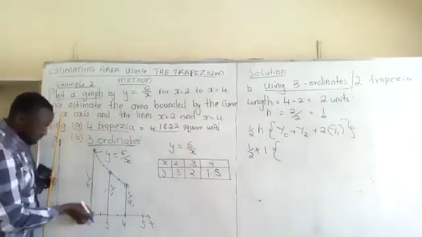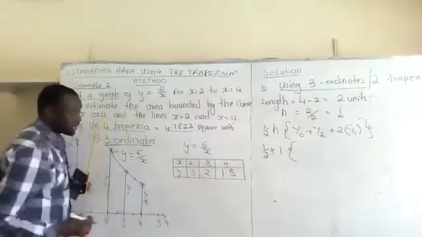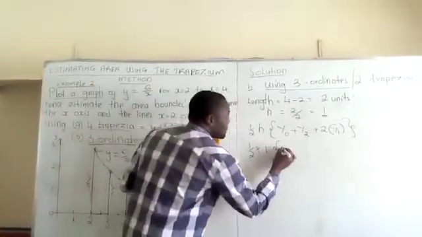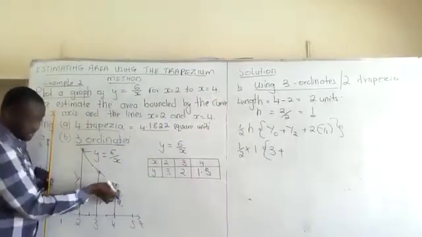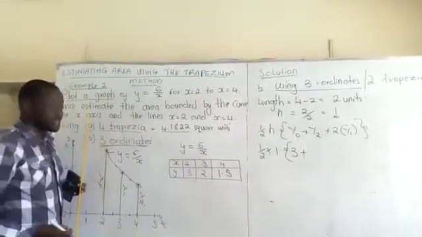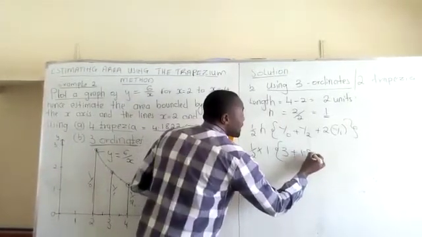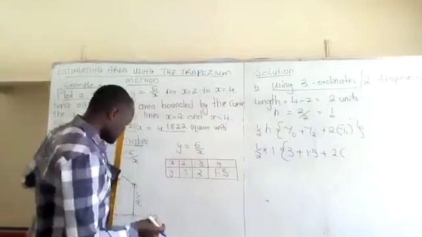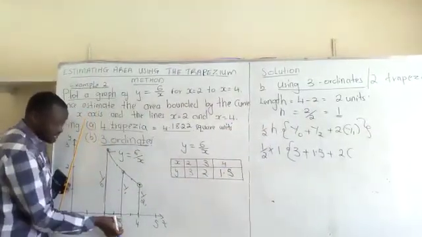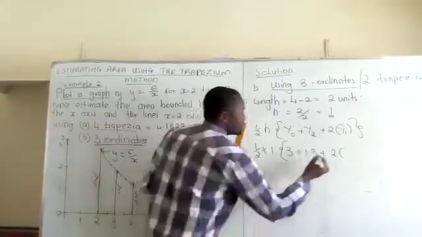This is the value of y when x is 2, which we had calculated and found it will be 3 plus the last ordinate there when x is 4, which is 1.5 plus twice the ordinate in between when x is 3, and we found the value of y there is 2.